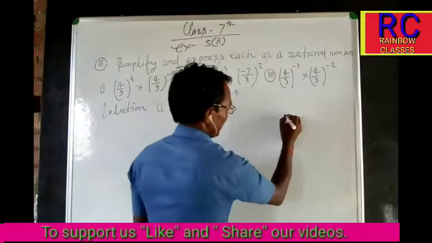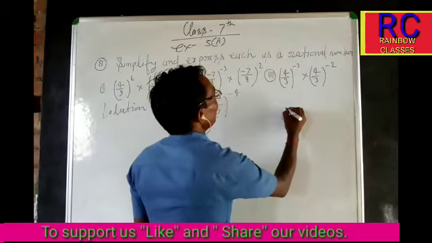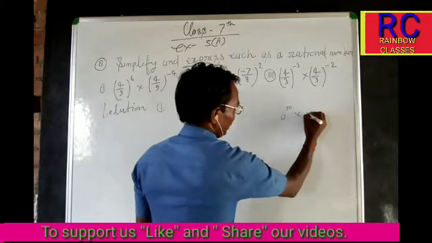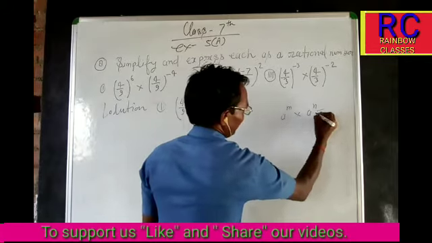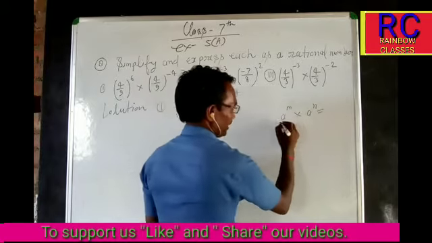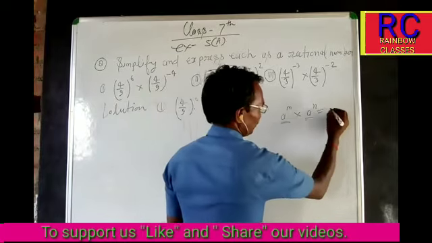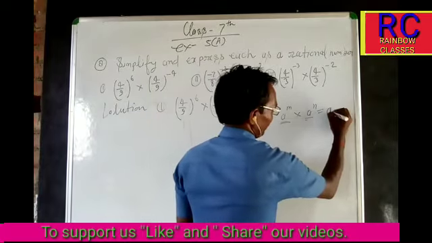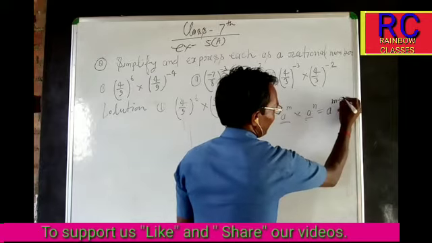We know that a to the power m into a to the power n, with equal base, is a to the power m plus n.